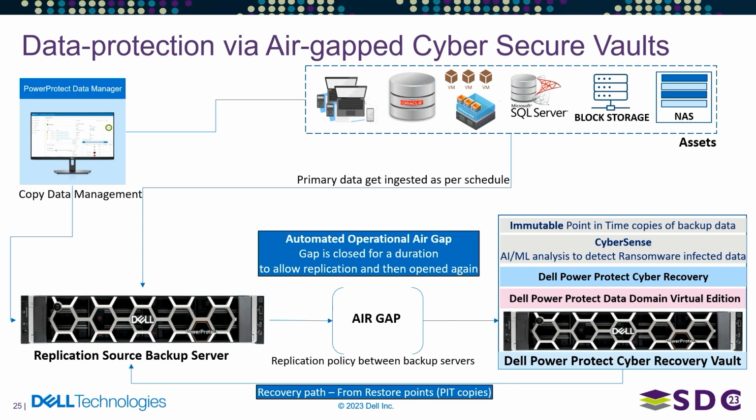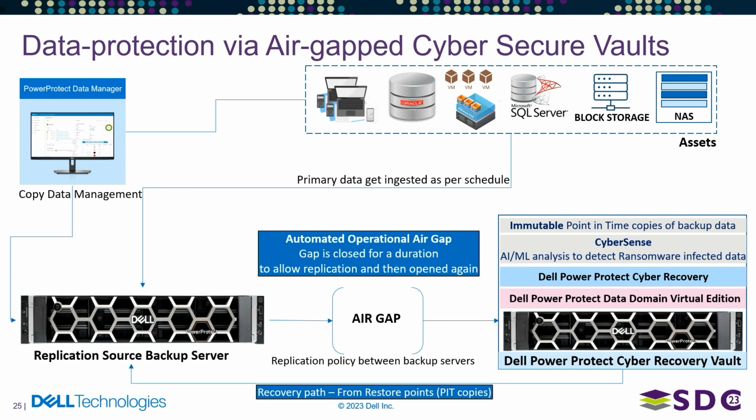With the air gap, when the data lands, it lands in a special place, a landing zone, right? From that landing zone, we run software that tries to detect all known signatures. And once we flag that the landing zone is clean, only then we move it to another location.